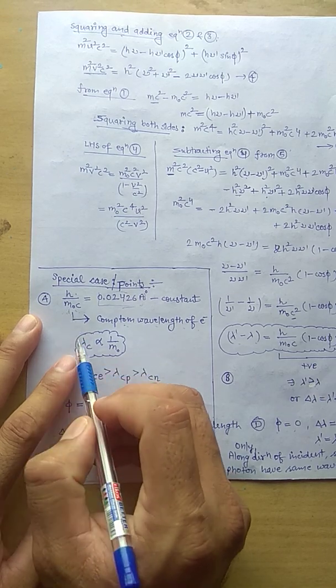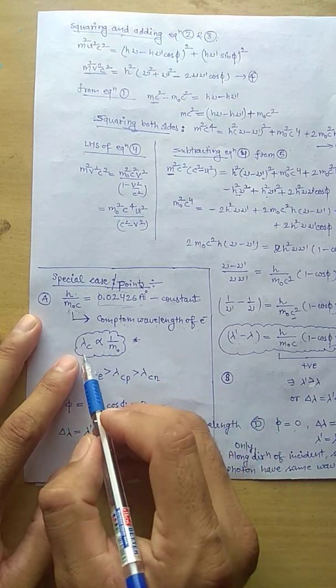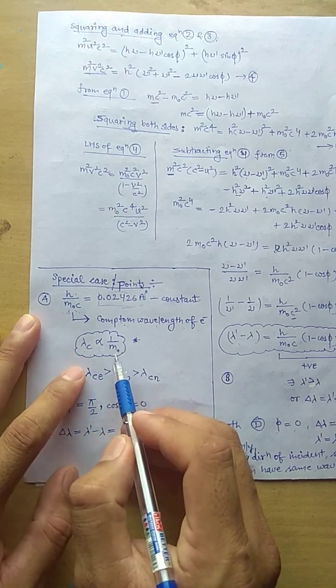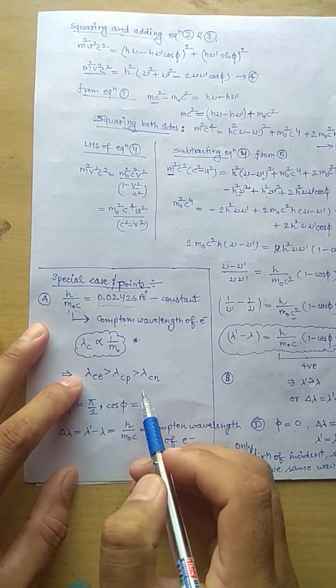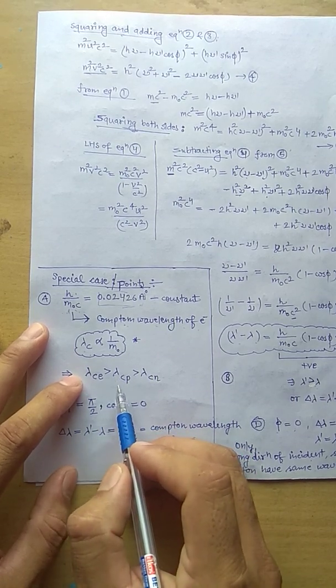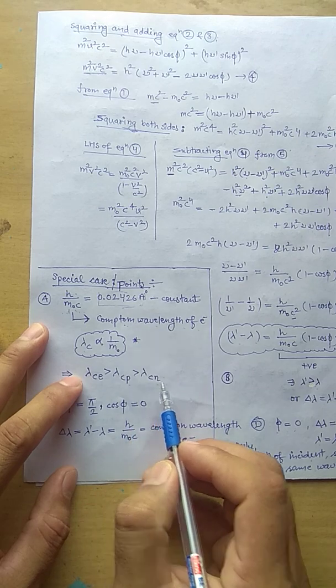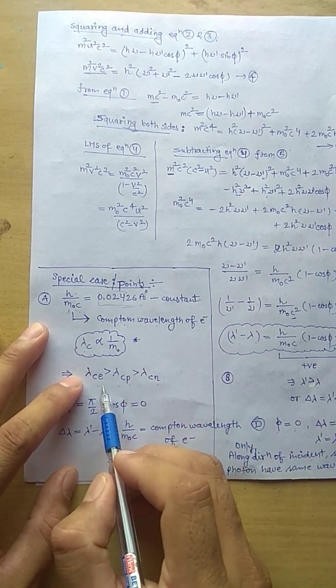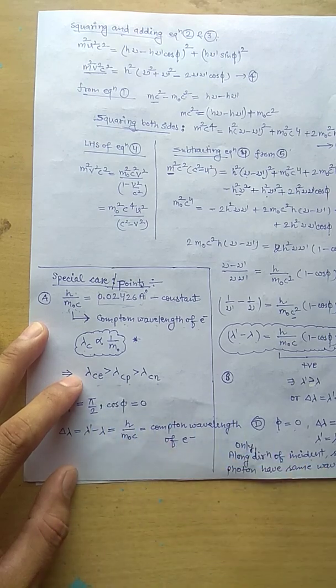From here you can justify one more point, that the Compton shift is inversely proportional to mass. So if you do the experiment for a mixture where the scatterers are proton and neutron, then you can justify which particle will have more Compton wavelength.